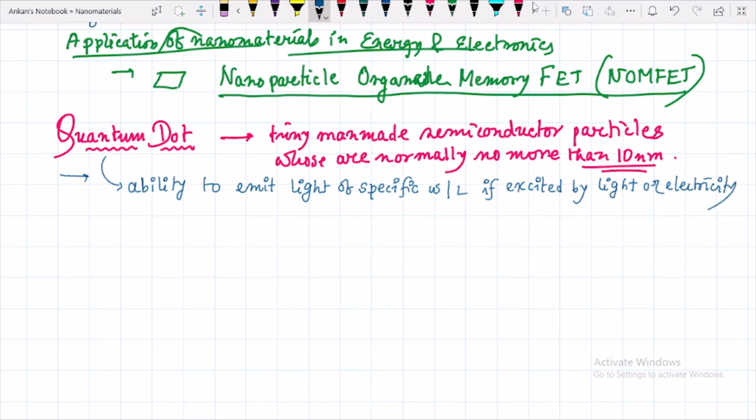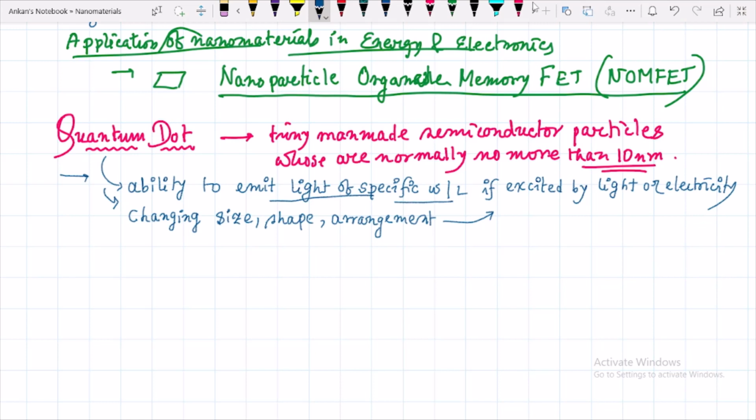And the interesting thing to point out is that we can tune this specific wavelength of light by changing the size, shape, arrangement, etc. of the components constituting the quantum dot.